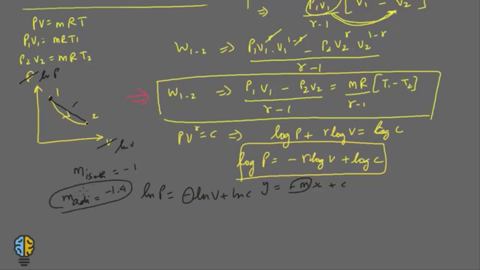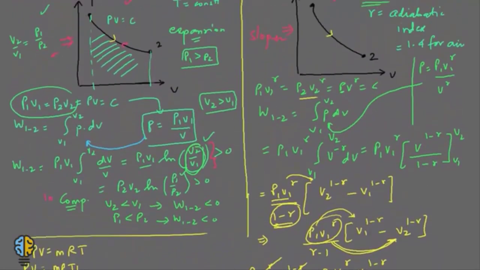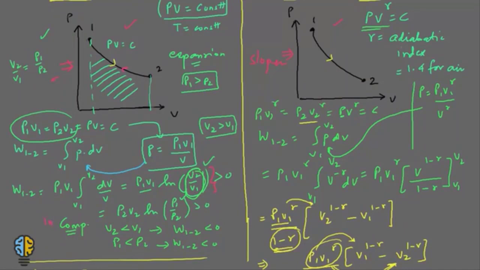So the value of slope for adiabatic is higher as compared to the value of slope for isothermal. This is a clear-cut indication of the concept that I told you on these two diagrams: the slope will give you the idea of which is adiabatic and which is isothermal, the slope of adiabatic being higher as compared to isothermal.